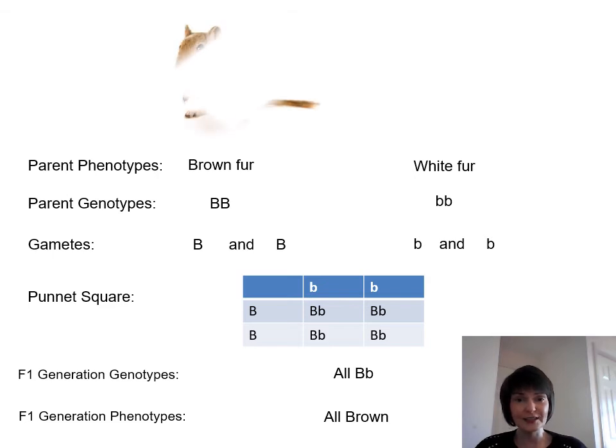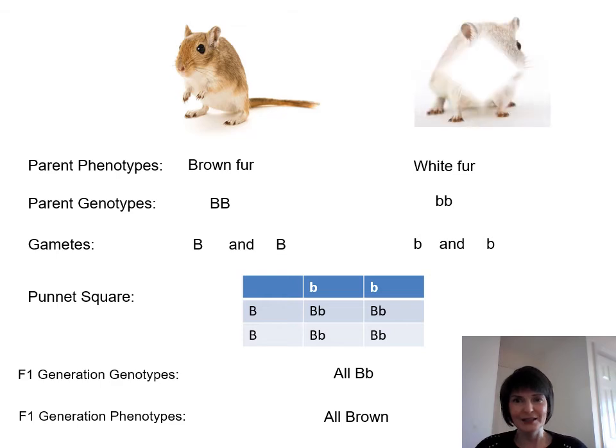So where's Big Frank? Oh, there he is. Hello, Big Frank. How are you doing? Okay, and we've got beautiful Sandra. And what I'm going to take you through is another genetics cross to prove that last slide, that when Frank and Sandra mate together, they produce little brown furred babies.